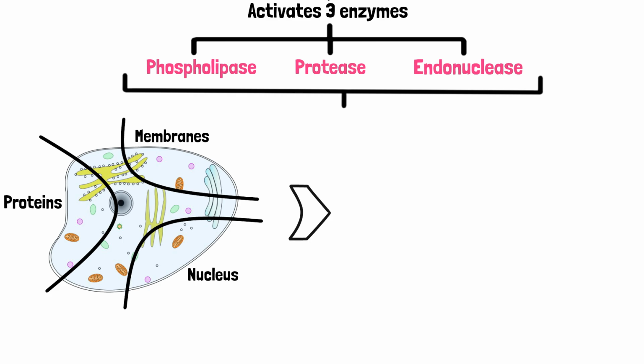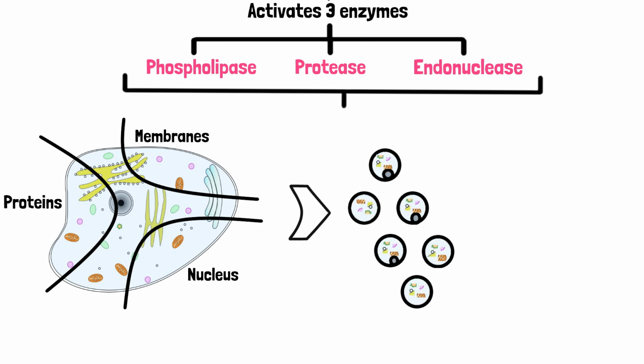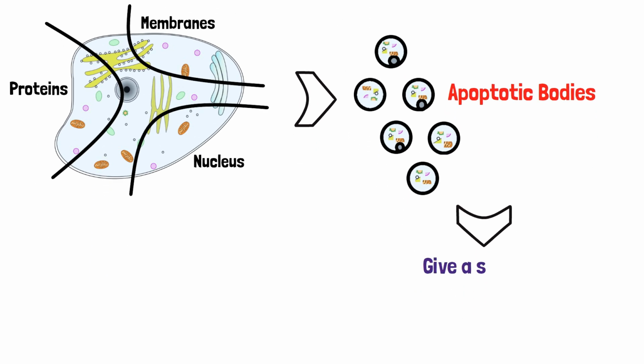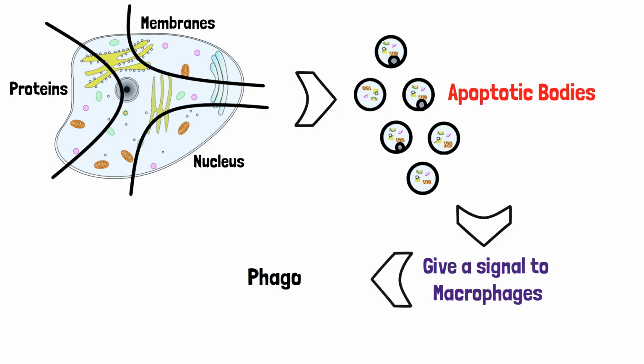These enzymes break the cell and the resultant small bodies are called apoptotic bodies, which are membrane-bound bodies containing the cell fragments. These apoptotic bodies give a signal to the macrophage, and the macrophages engulf these apoptotic bodies and carry out the process of phagocytosis.